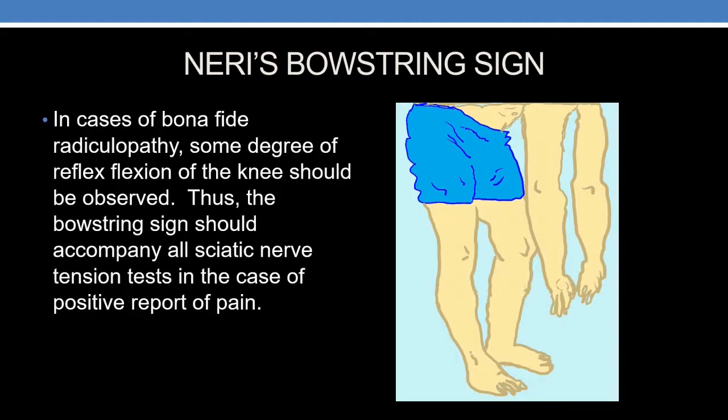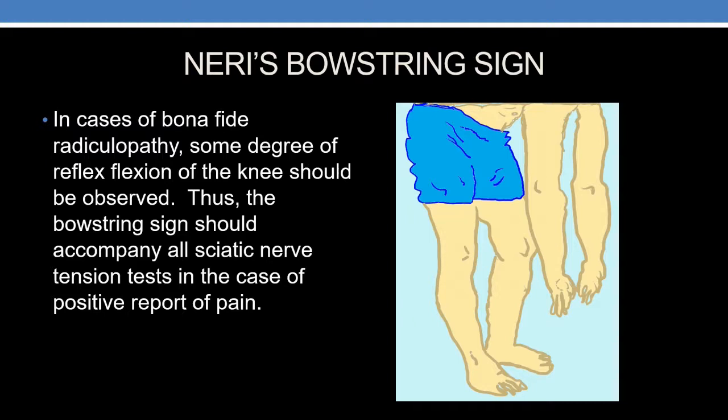And one of the ways that the bowstring sign shows up is in the lumbar spine range of motion maneuvers. And recall the AMA Guides require that we take our examinee through some warm-up maneuvers prior to measuring the range of motion with goniometers. So as the examinee goes through various warm-up maneuvers, particularly lumbar spine flexion, which involves both hip flexion and a dorsiflexed ankle, in the case of a bona fide radiculopathy, you would expect to see some degree of reflex flexion of the knee.